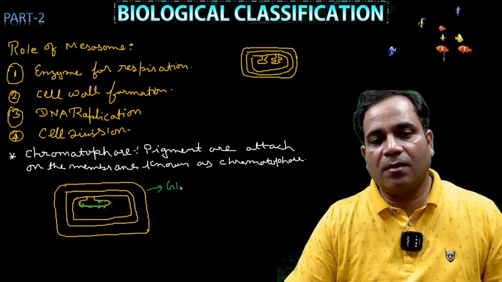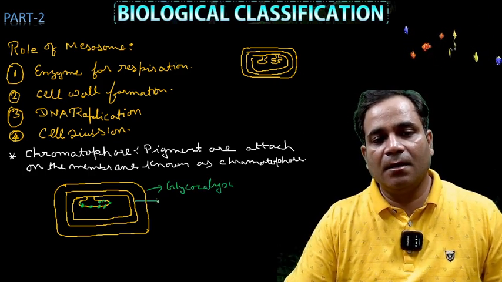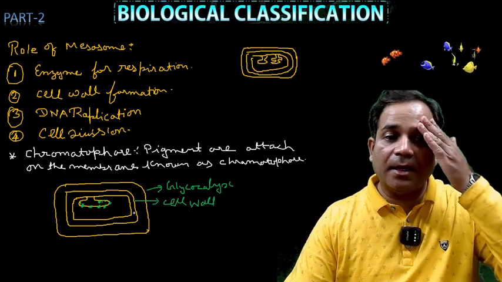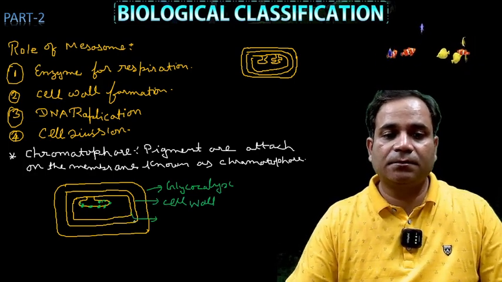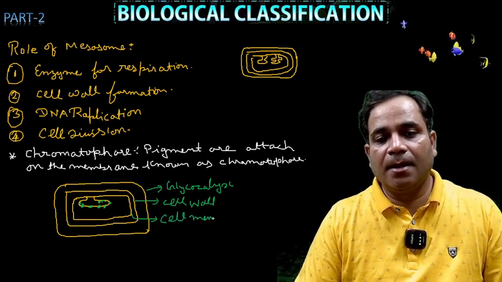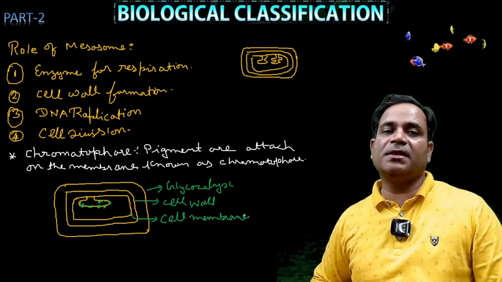This one is glycocalyx. This one is cell wall. Right? And this one is called cell membrane, my dear. Correct? So together known as cell envelope.